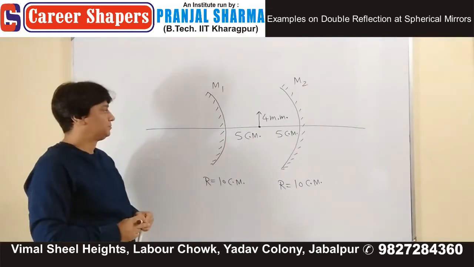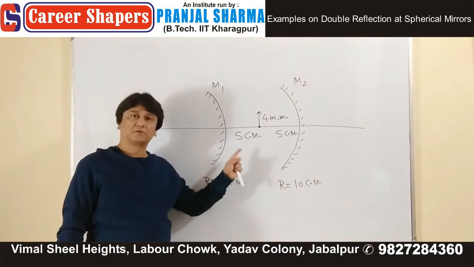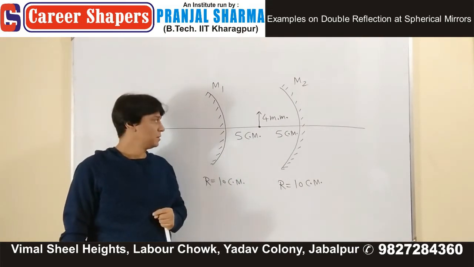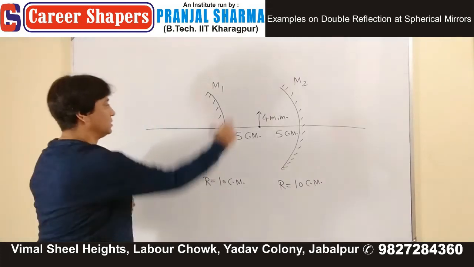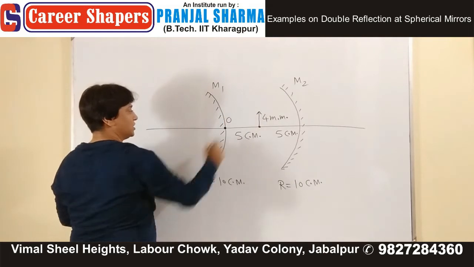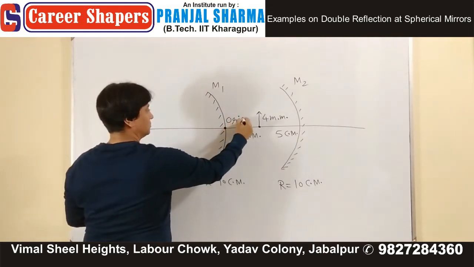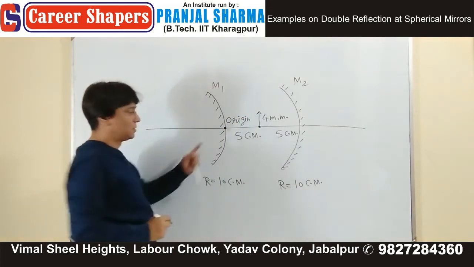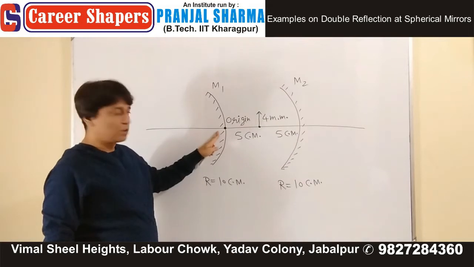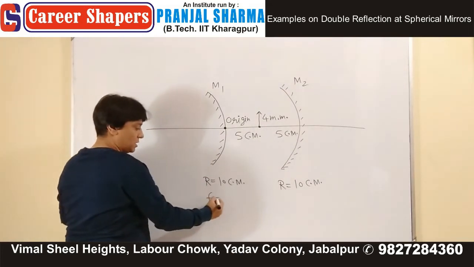Look. Question says first reflection from M1. This is origin, O. If this is the origin, focal length will be what?